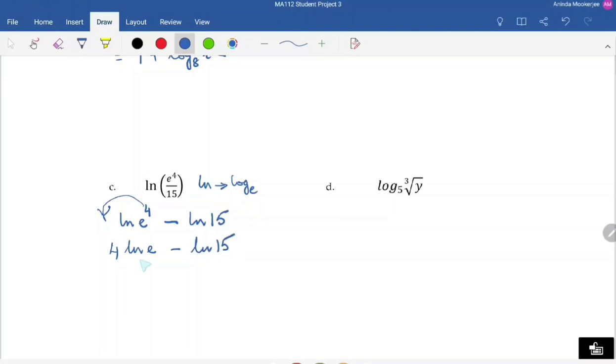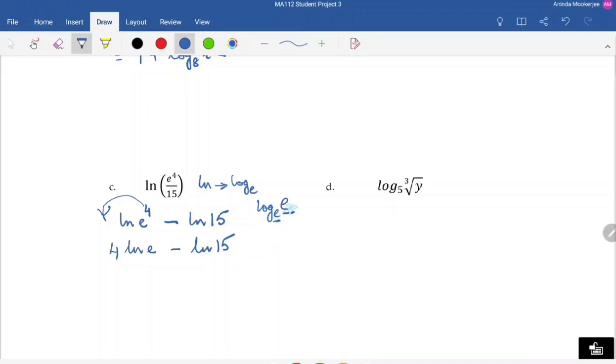Now what is ln e? We said here ln is the same as log base e, correct? So this is like writing log base e of e. Here we see the base and the value next to log base e are the same, correct?